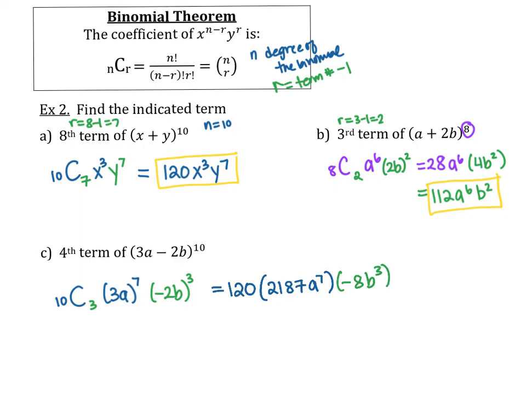Let me multiply all those coefficients together and carefully write it down. 5,2,0 a to the 7th, b to the 3rd, and that would be the fourth term in the expansion, although the expansion would be much longer.